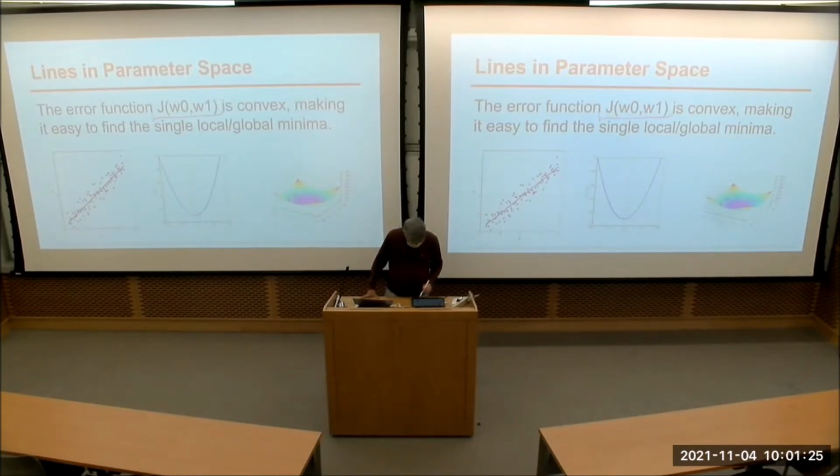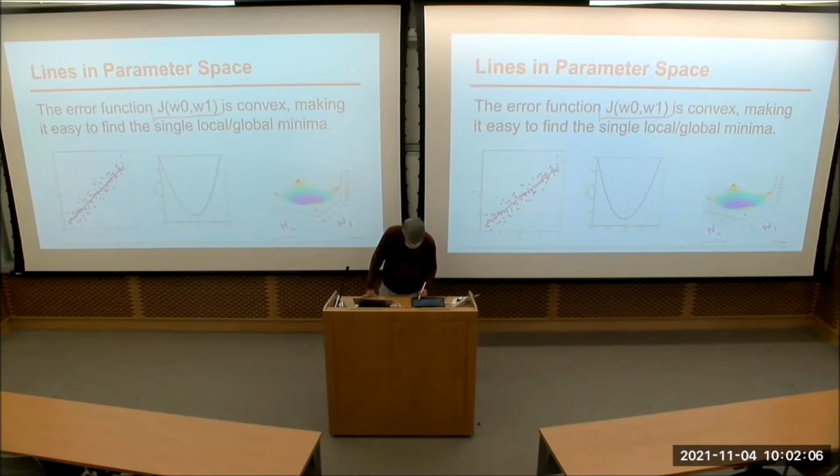Okay. Here is a space, if you wish. A way that I would think about it. Here we have a space where this dimension is W1 and this dimension is W0. For every point in intercept-slope space, we'll define a particular line.